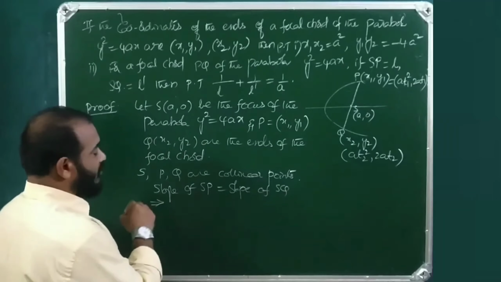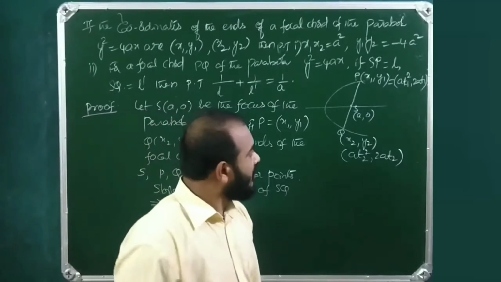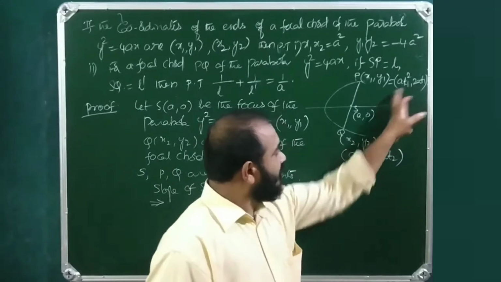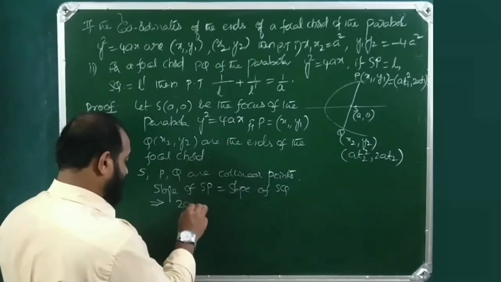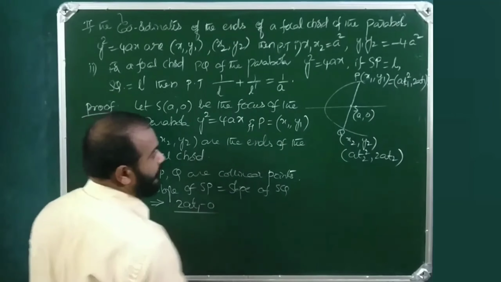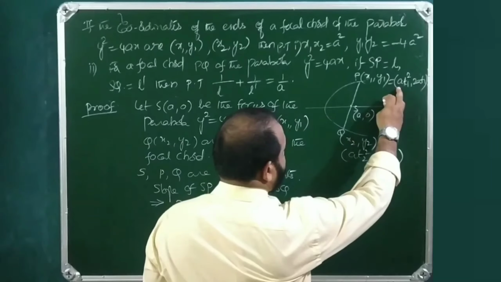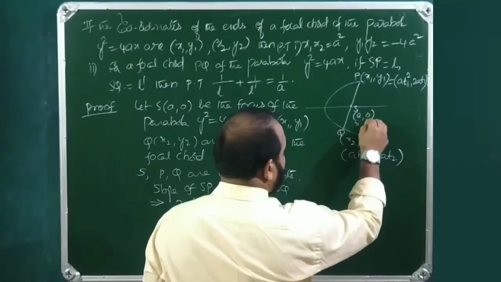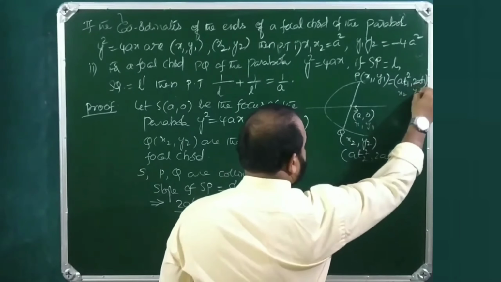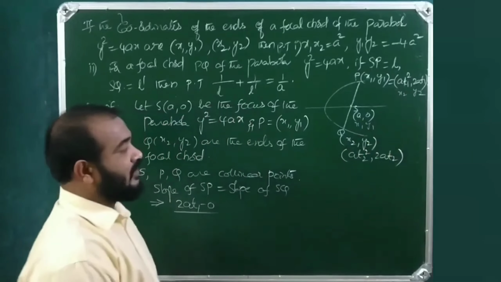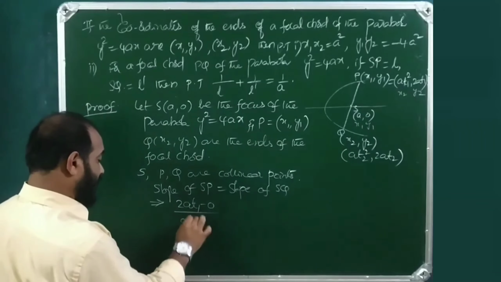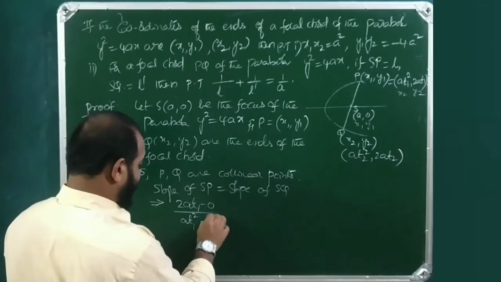What is the slope? Difference of ordinates by difference of abscissa. So here, slope of SP is 2a t1 minus 0 by a t1 square minus a.